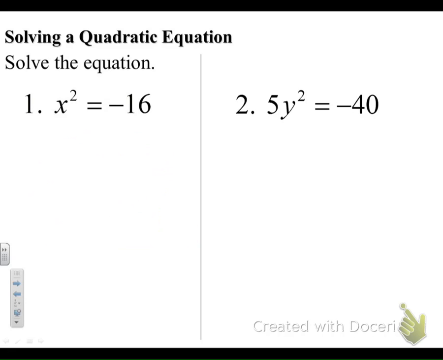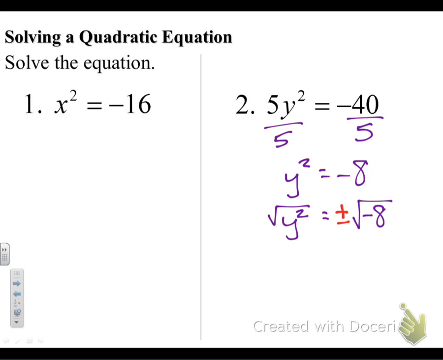Next example, 5y squared equals negative 40. We're going to treat it again, let's use the square root method. Eight breaks up into 4 and 2, so we have a pair of 2's.